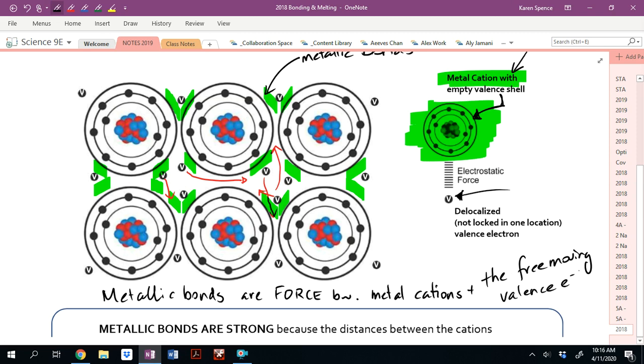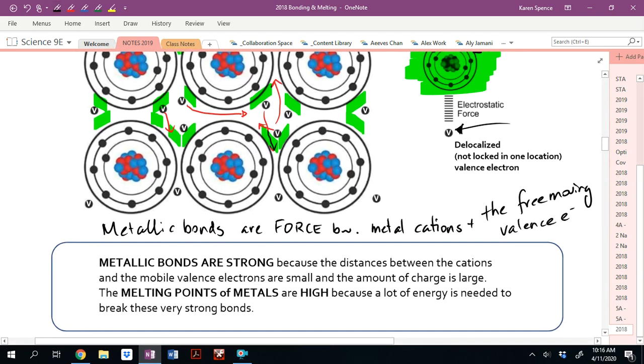Okay, and metallic bonds are strong because the distances between the cations and the mobile valence electrons are small. So once again, we have a small distance, which is going to make the force stronger. The amount of charge, we're looking at charges of like either +1 or +2 or +3 for the cation. And all of the electrons have charges of -1, so those charges are considered large.